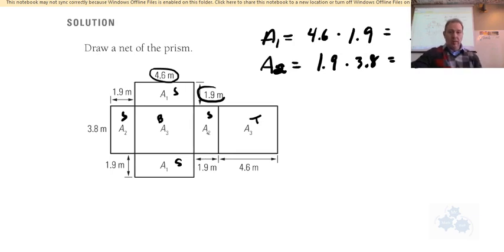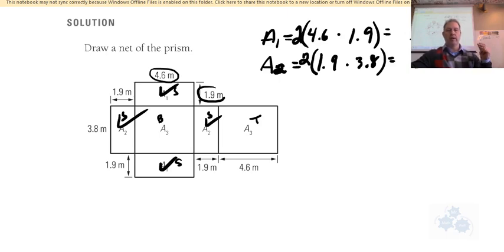Now, there are actually 2 identical ones. So guess what you could do? You could go, hey, I'm going to go 2 times this. Hey, that's this one and this one. Right? For area 1, there's another identical one down here. So you could actually do this. I'm going to go 2 of those.